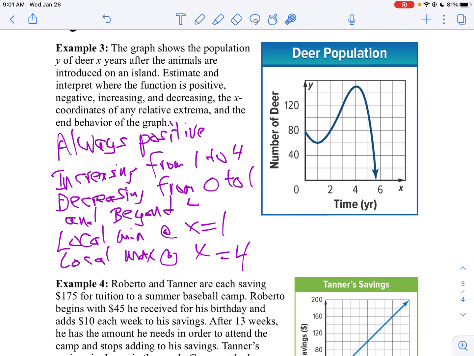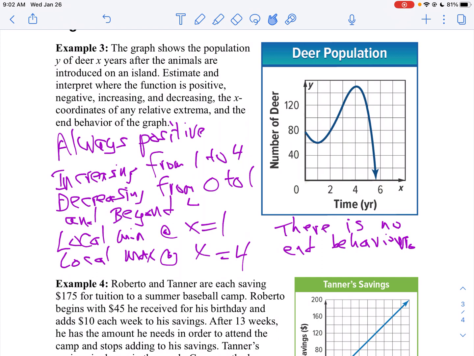There is no end behavior on this one because of the application. So we're going to say there is no end behavior. And that's what you're going to be looking at when you look at these graphs. We're not really problem solving. We're describing what we see.